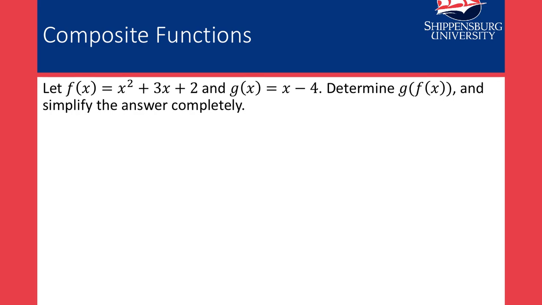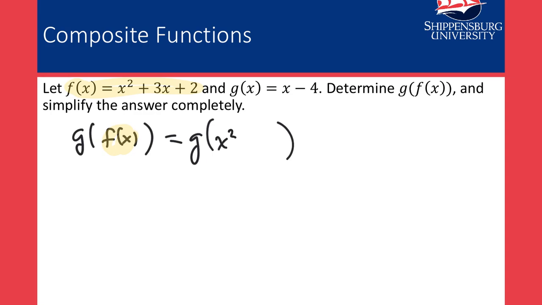This looks almost like the same question, but notice this is now saying g of f of x. And so, again, I'm working inside the parentheses first. So that'll be g of whatever f of x is equal to. But we're given that f of x is equal to this mess.